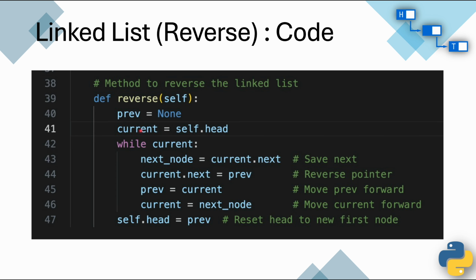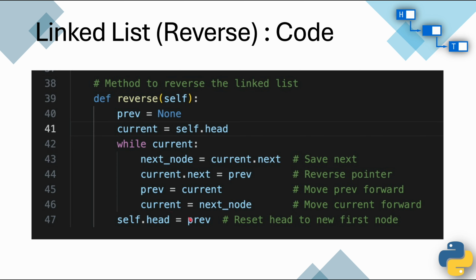Let us see. Current is self.head, and while current is not None, you keep doing these operations. Next node is equal to current.next, and current.next is equal to previous, the temporary variable which is initially None, and previous is updated to current, and current is updated to next node.